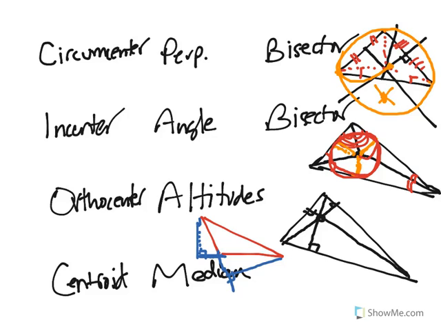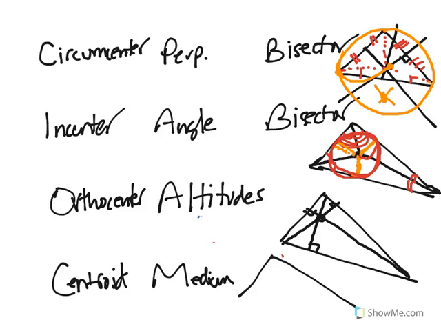So altitudes could very likely be on the outside of the original triangle. So it starts at a vertex and straight down for a right angle, and it creates an orthocenter in the middle. And then finally, I'm going to erase this. Finally, we have the centroid, and the centroid deals with medians.